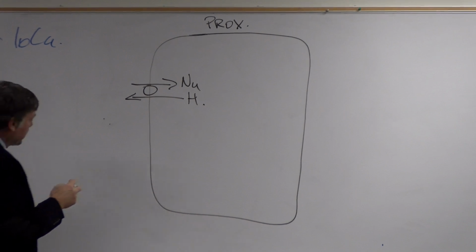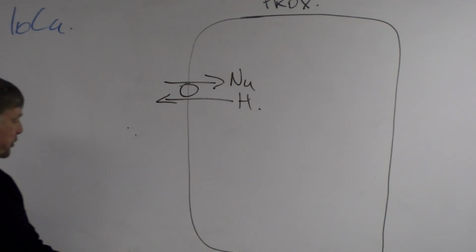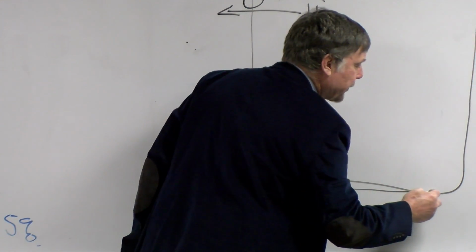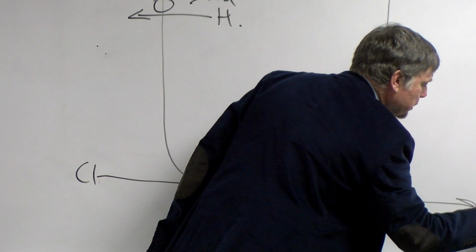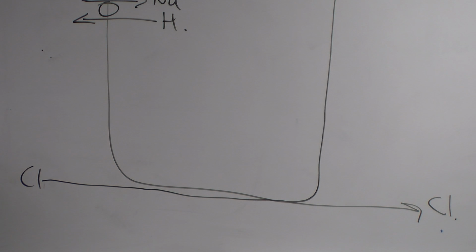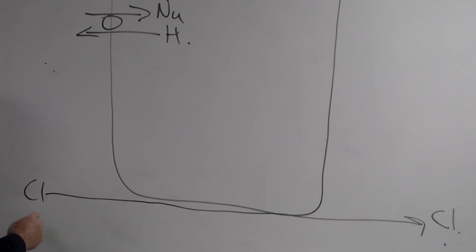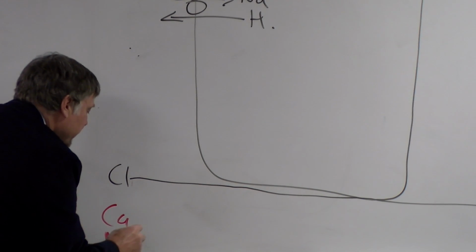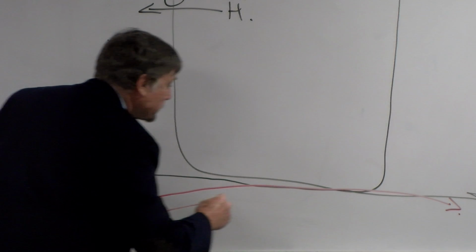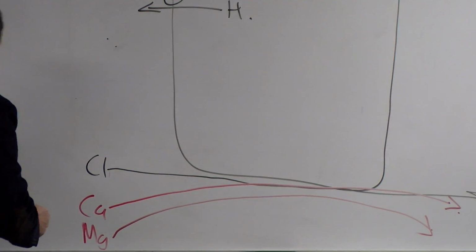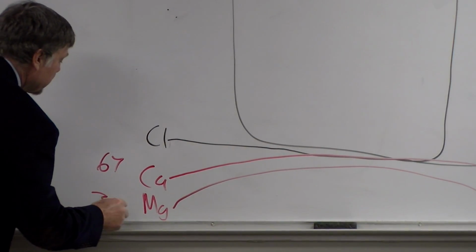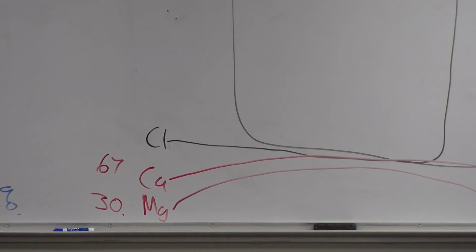You've also got, towards the end of the proximal tubule, chloride that goes through a paracellular route, like so, and calcium tends to follow. Actually, calcium and magnesium tend to follow. And again, if this is correct, this is 67%, and this is 30%. Yeah, prox.